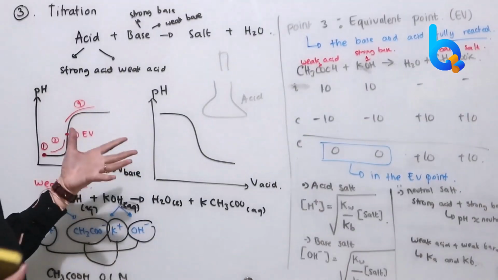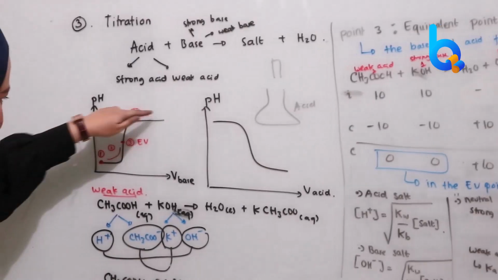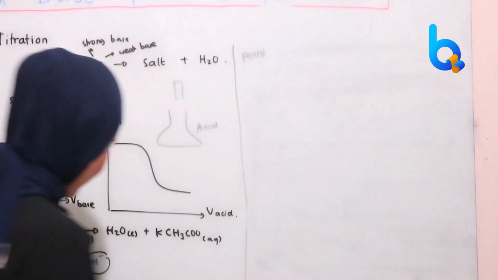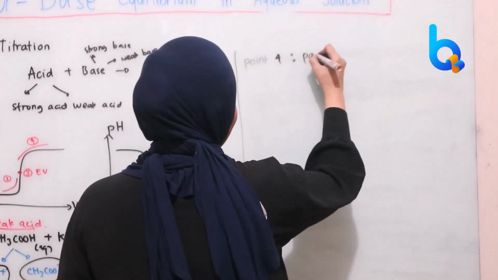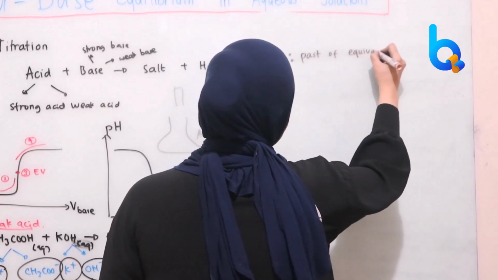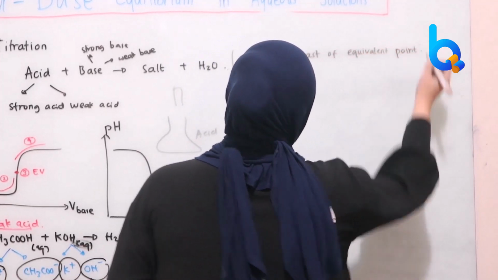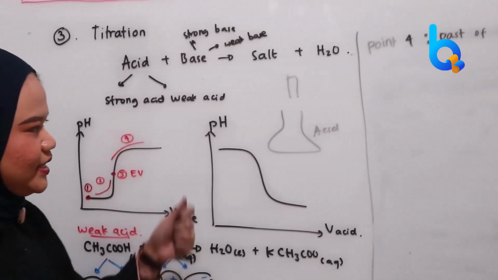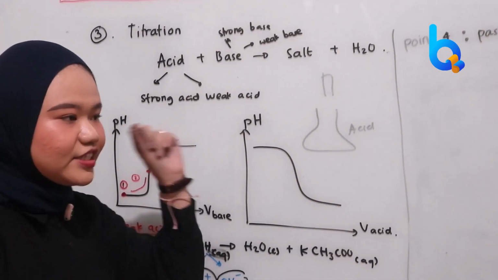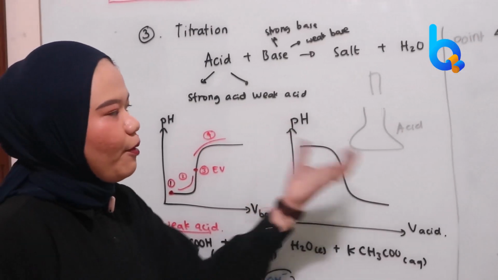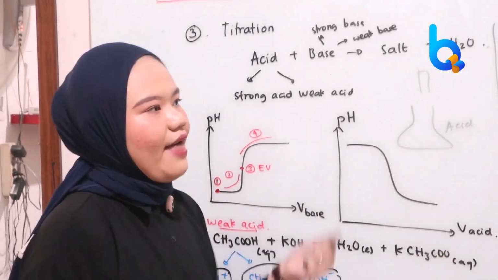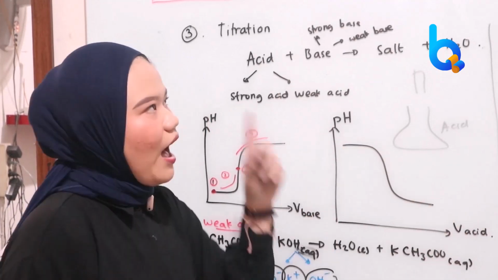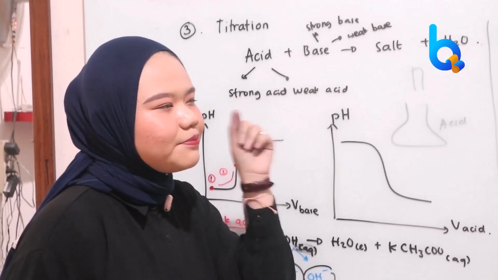After the equivalence point, what happens? Point 4, past the equivalence point. In the titration, we have the indicator. You probably see in the Erlenmeyer flask there is a change of color. First the color is probably pink, and then after that it turns to yellow or blue, with a little bit of base.